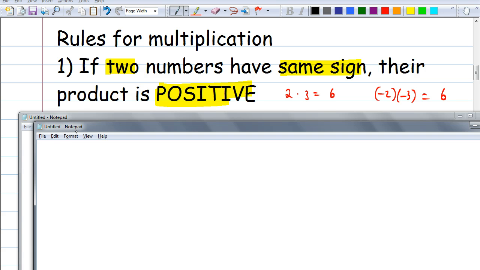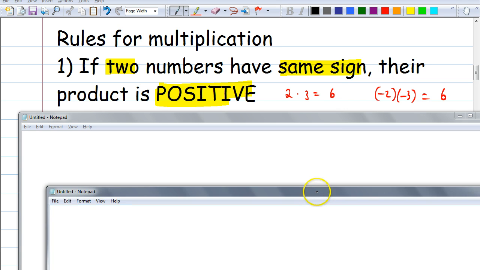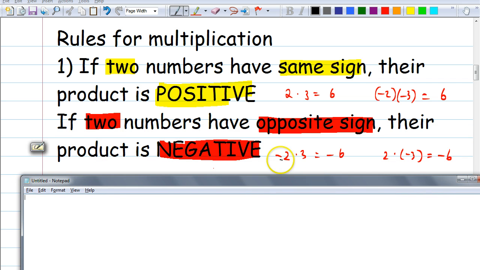If two numbers have different sign, then it's negative. That's exactly right. This is exactly what I'm going to write down. So this is the second part of that first rule. If two numbers then have opposite sign, because that's the other possibility, their product is, of course, negative. For example, negative 2 times 3 is negative 6, or 2 times negative 3 is negative 6.